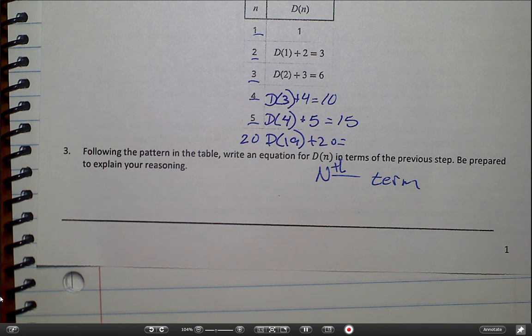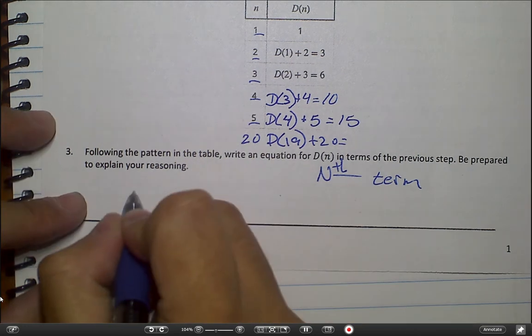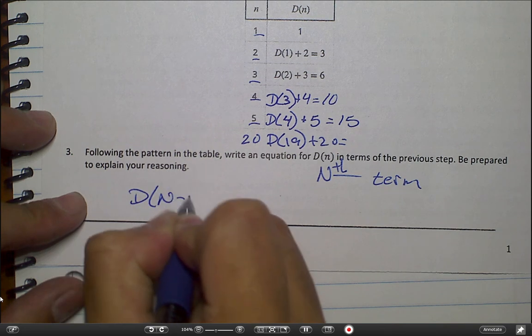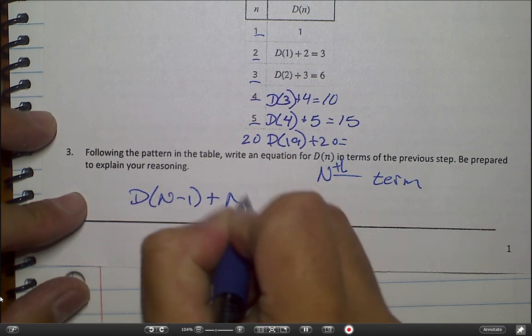Anyone else? What you got? Go ahead. Try it. Don't ever be afraid to get it wrong. If you never try, you get it wrong all the time. D of n minus 1 plus n. Excellent. That is perfect. D of n minus 1 plus n.